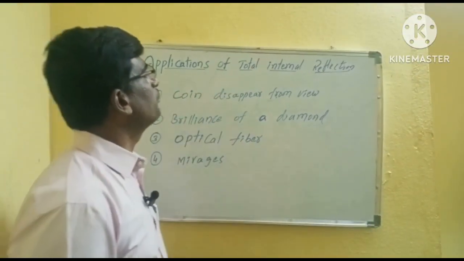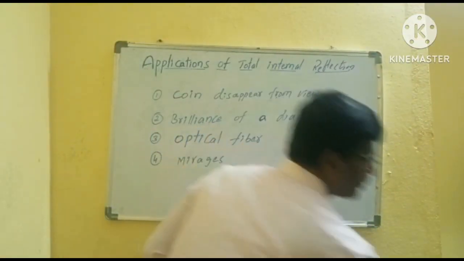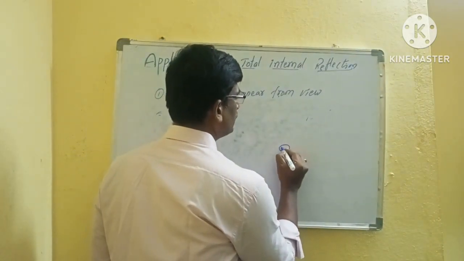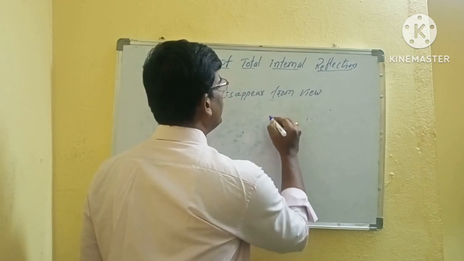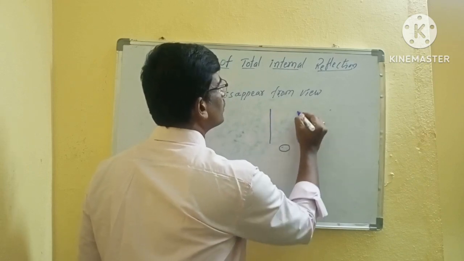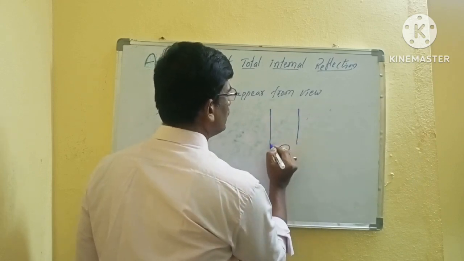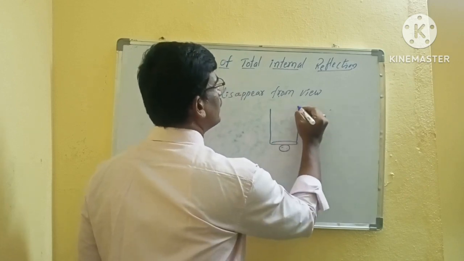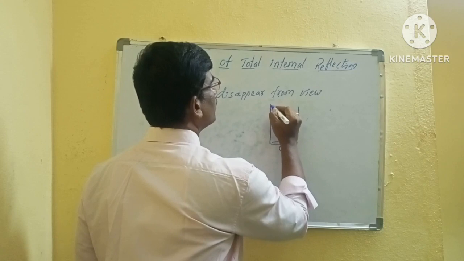First of all, the coin disappearing from view. Place a 5 piece coin on the table and keep a transparent glass beaker over the 5 piece coin.